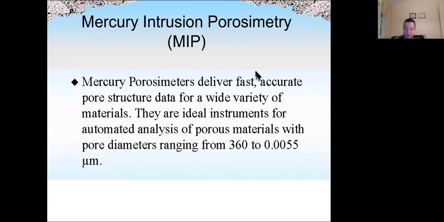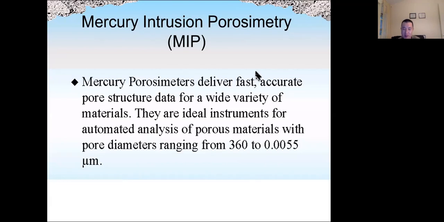All right, the next method is going to be mercury intrusion porosimetry, but we will not finish this today. We're going to save it for next time. But today we'll give you a short introduction of what mercury intrusion porosimetry is.